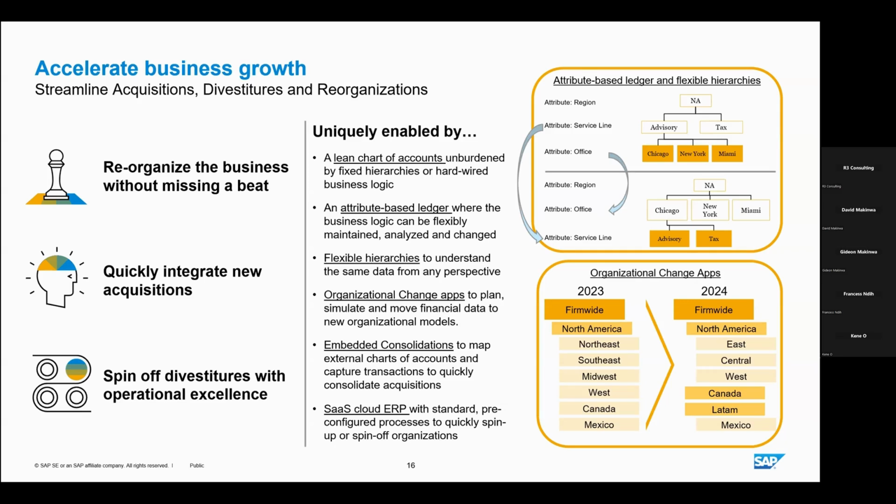Because of the large size of the organization, you want to see that minute detail in performance. For instance, in this organizational chart here, you have firm-wide, they have North America, Northeast, Southeast America, Midwest, and all that. So you can have this hierarchical kind of reporting, right? Which is very, very important.